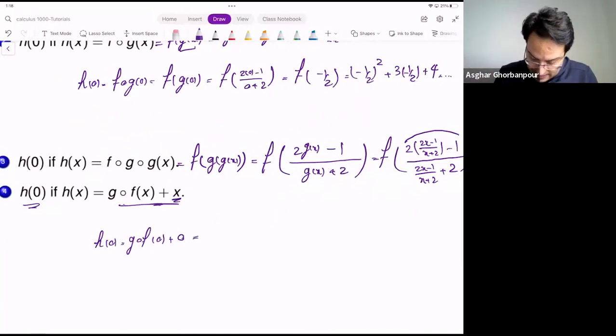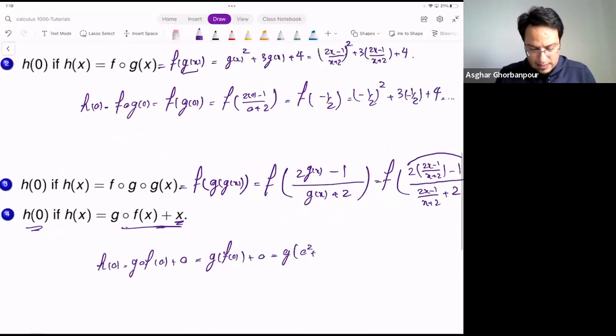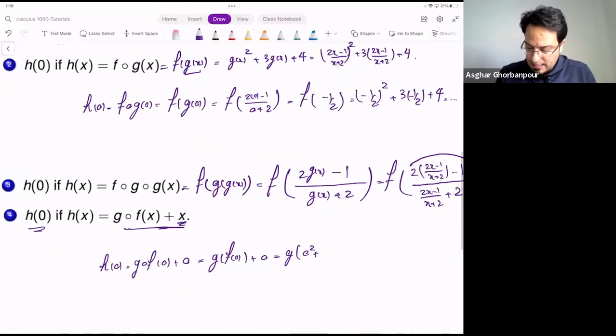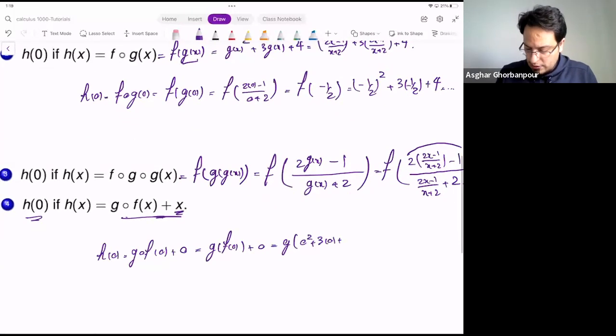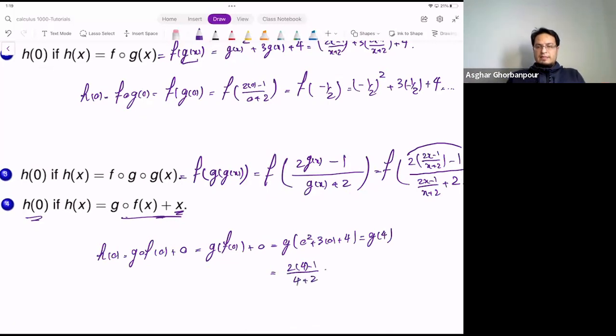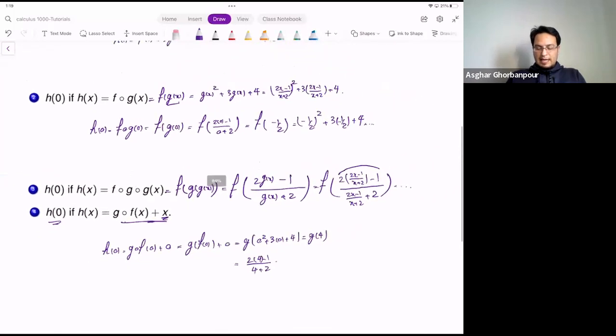And this means g at f at 0 plus 0, but f at 0 is 0 squared plus 3 times 0 plus 4, which is g at 4, and g at 4 is 2 times 4 minus 1 divided by 4 plus 2. That's the value. I'll leave it like that.